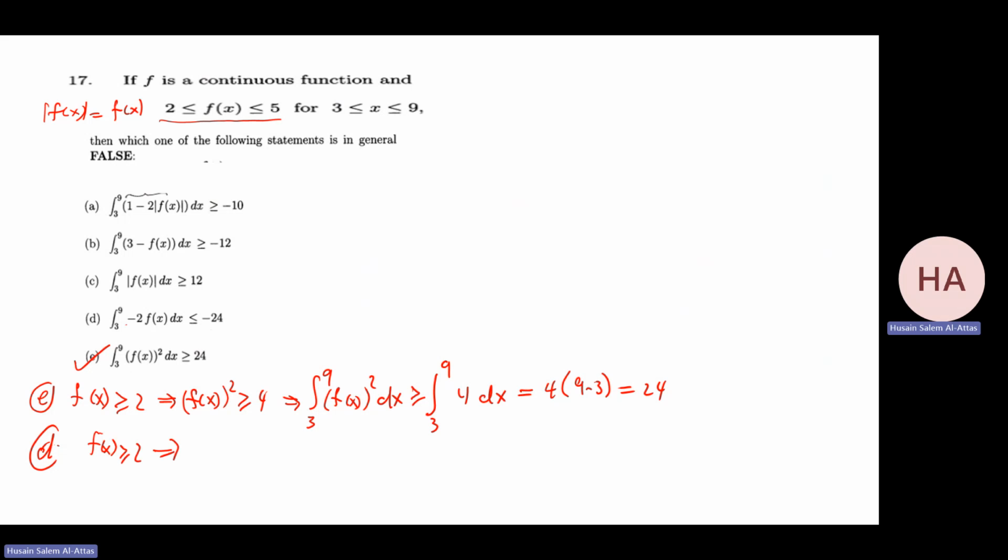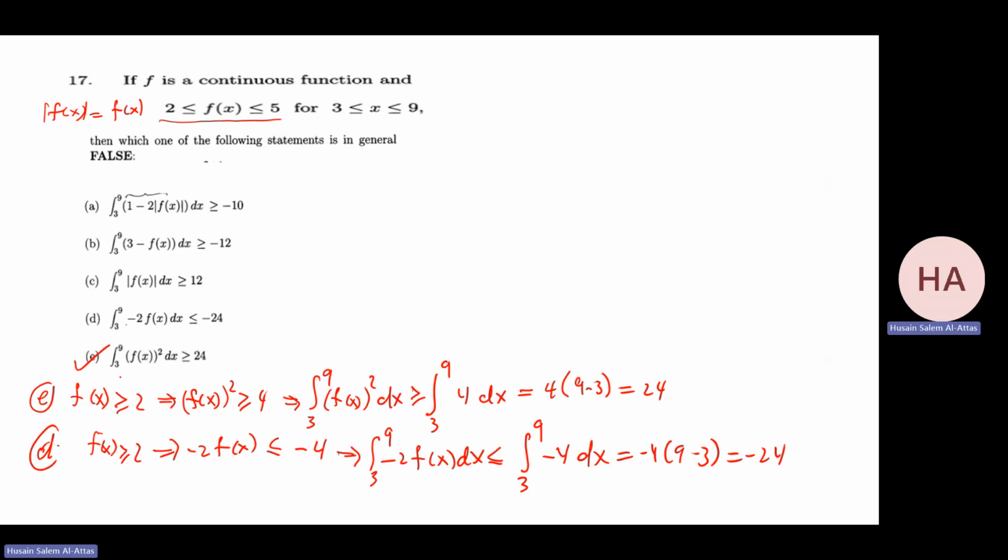That implies minus 2f of x will be less than or equal to minus 4. So the integral from 3 to 9 of minus 2f of x dx will be less than or equal to the integral from 3 to 9 of minus 4 dx, which is minus 4 times 9 minus 3, which is minus 24. So this is correct.